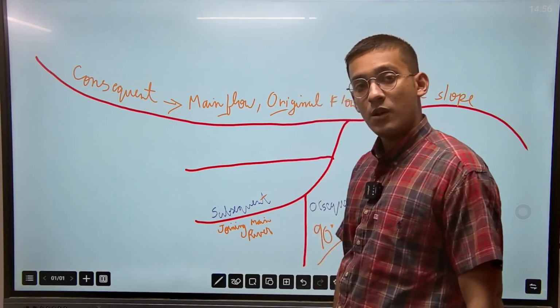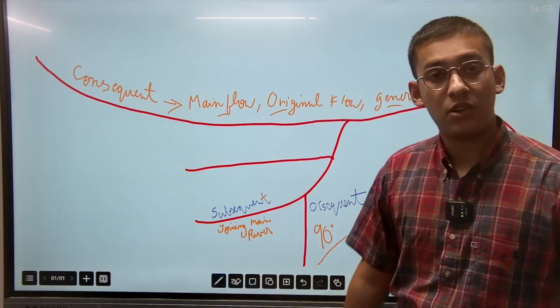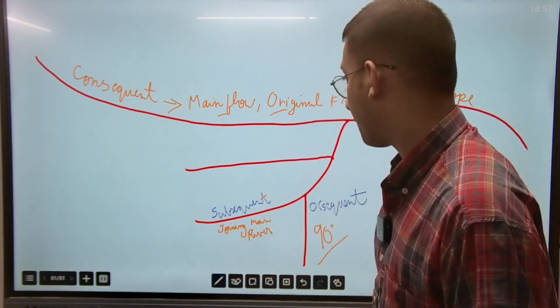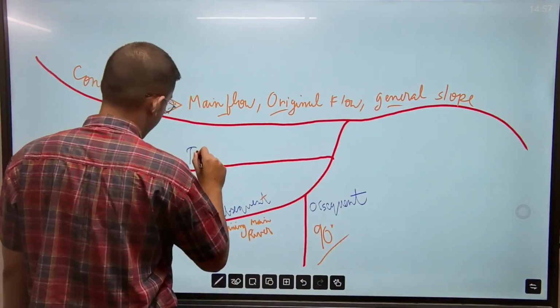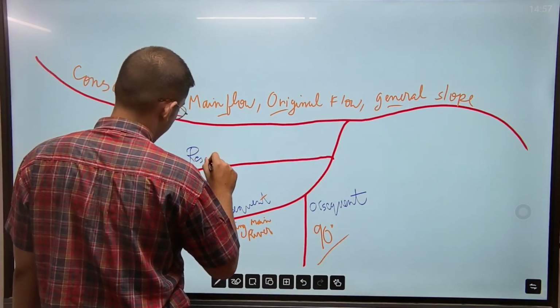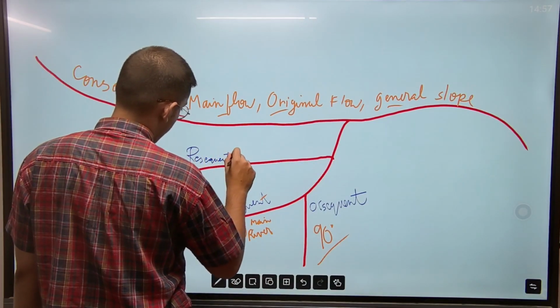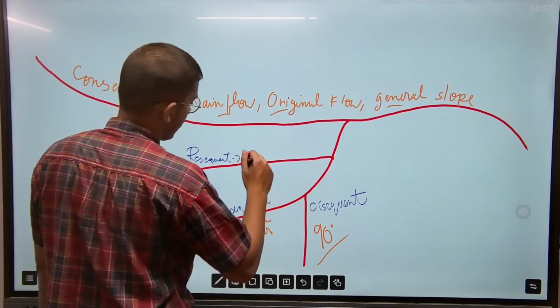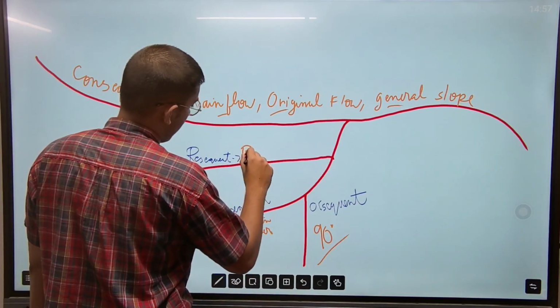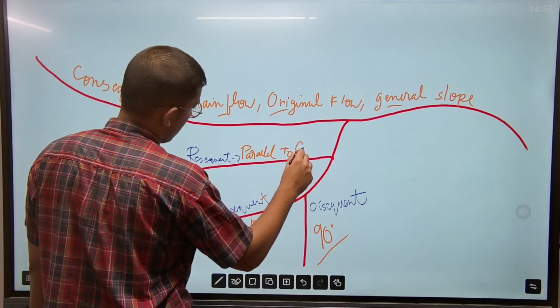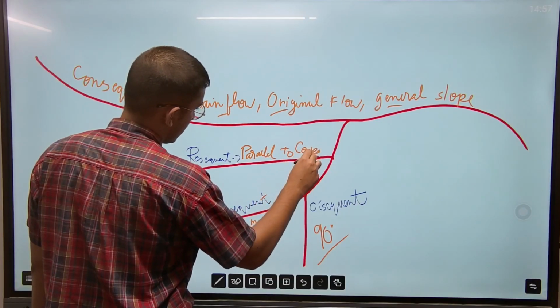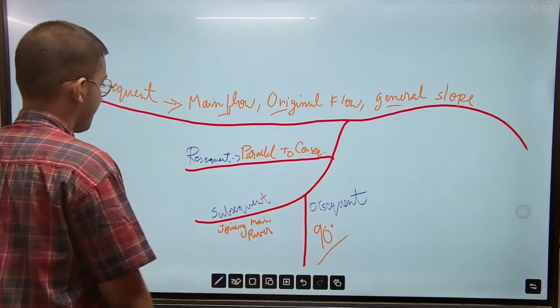So whenever you find the word 90 degree, rest assured just stick it at obsequent, you will get your marks. Then we get resequent. The word to remember here is it runs parallel to consequent. Right?